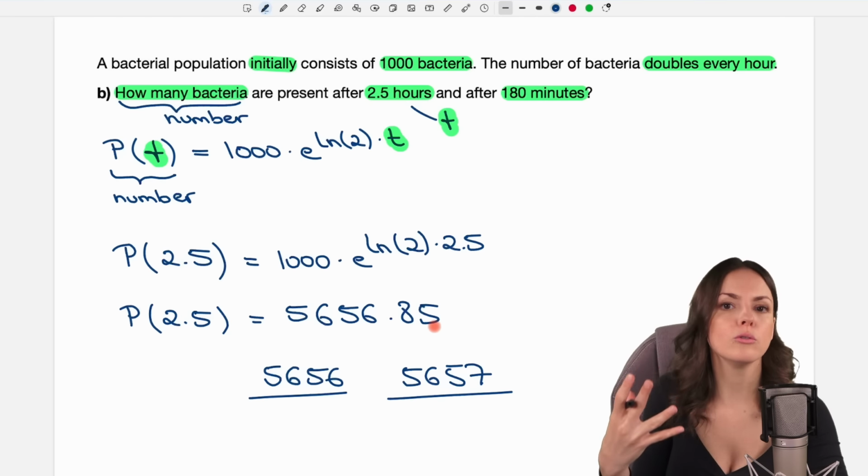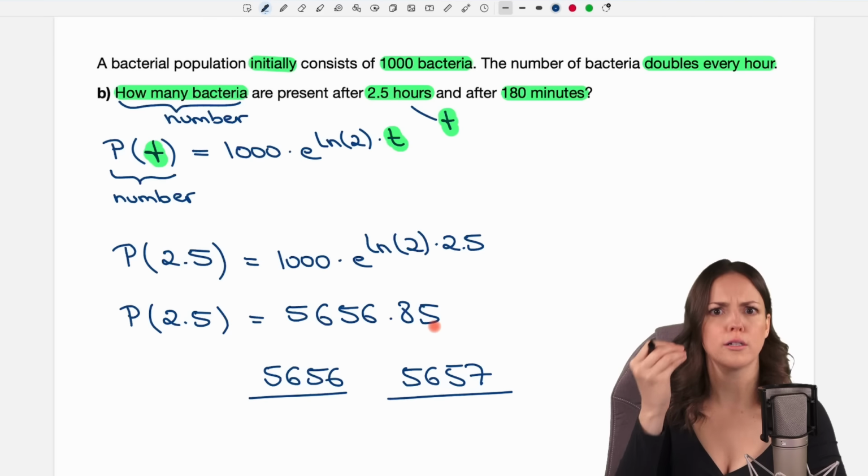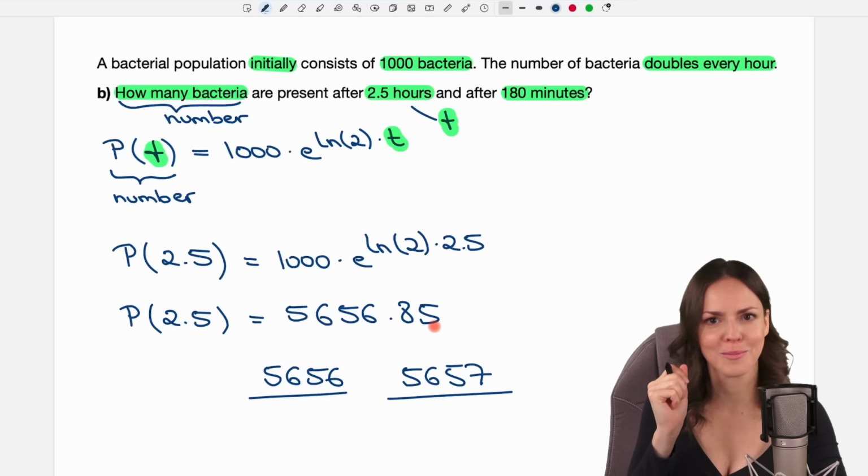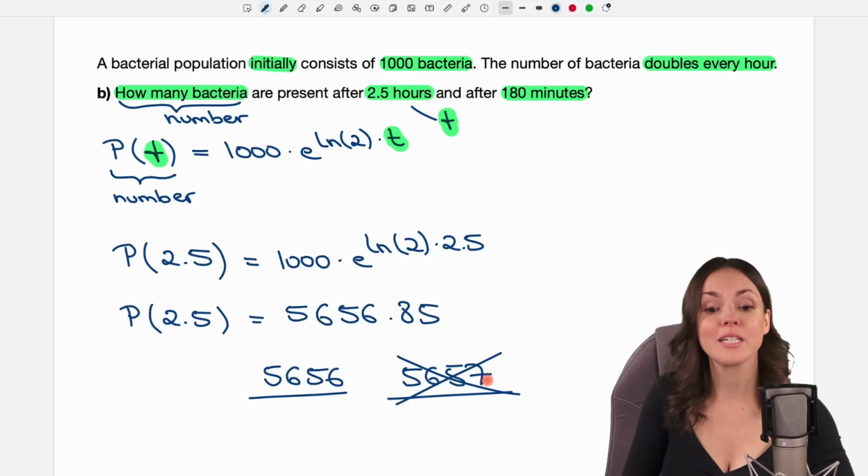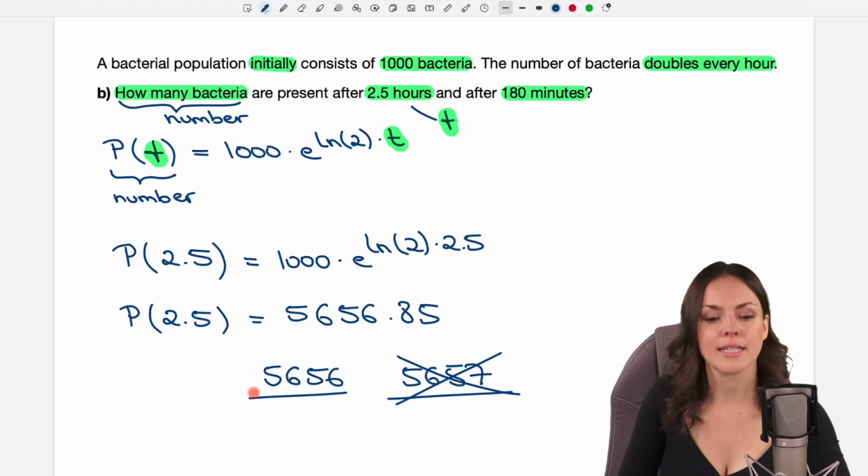They haven't grown yet to one really strong bacteria. So I am not allowed to say I have more bacteria yet because they are not grown yet. So I only have 5,656 bacteria in my population after 2.5 hours.